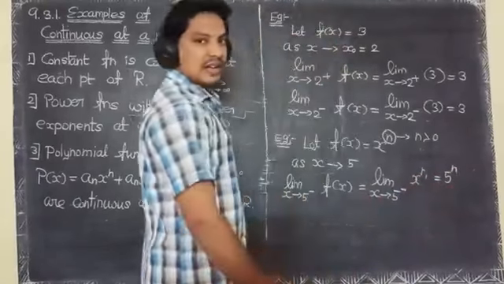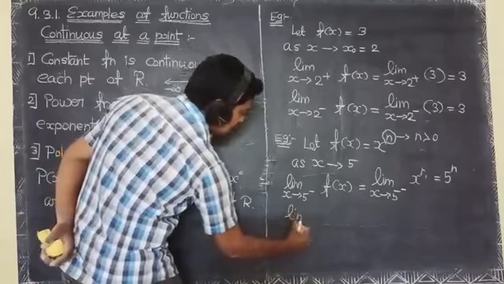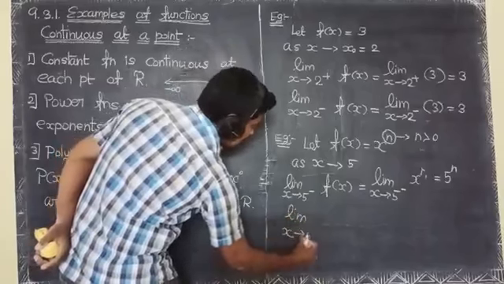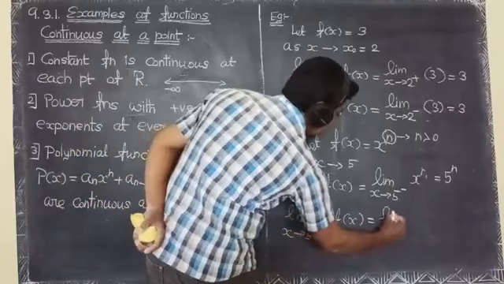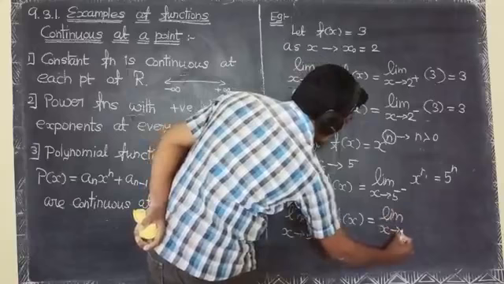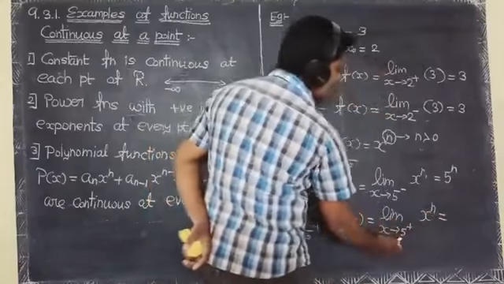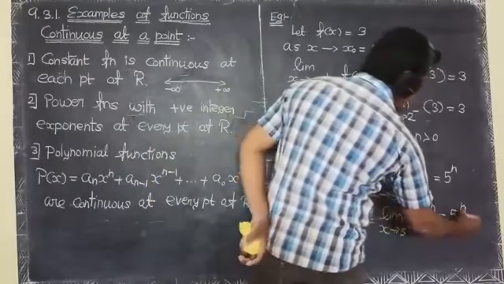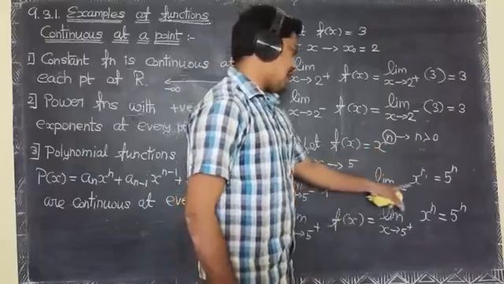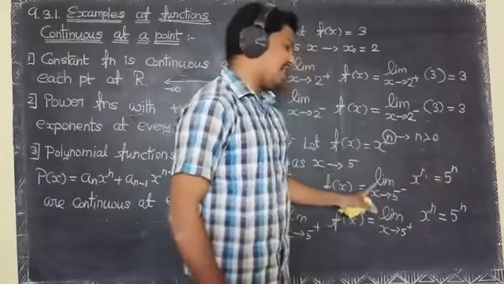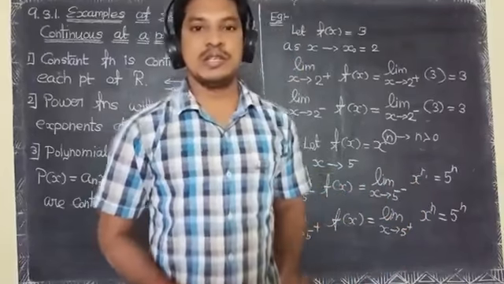The limit as x approaches 5 plus of x power n is also 5 power n. So f of x equal to x power n equals 5 power n, that is the left and right approaches are equal, therefore the given function is continuous.